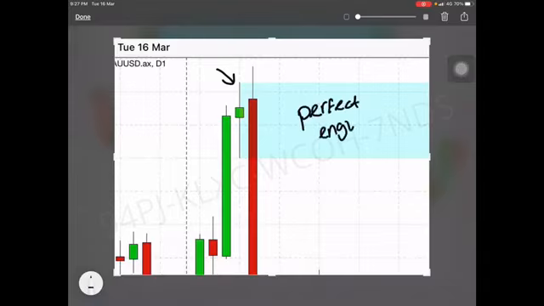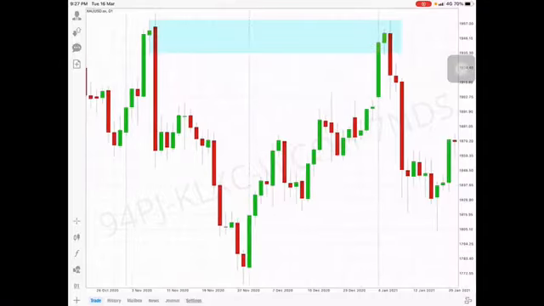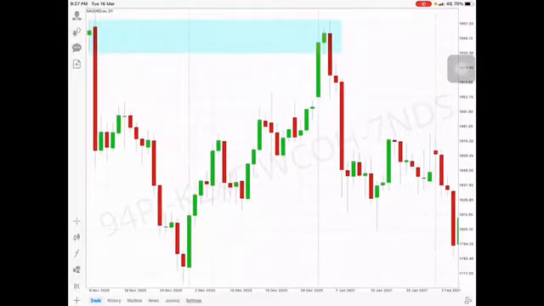So right here, we have an engulfing sell. The candlestick that is being consumed is this one. So this is a perfect engulfing. When the price reaches there, we are going to look for sell.